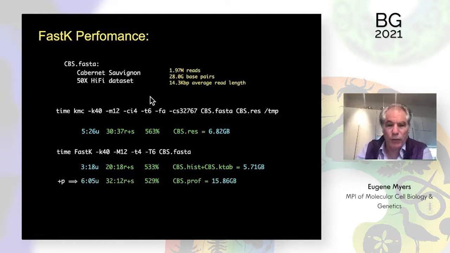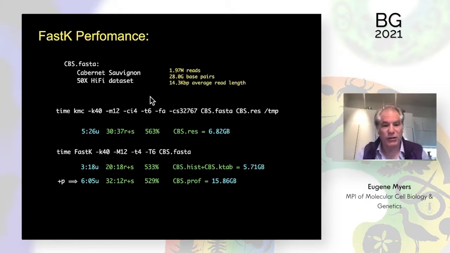And if you additionally set the -P option, FastK will take another 3 minutes to produce a compressed representation of all the profiles that occupies about 16 gigabytes. This 3 minutes is for an inverse sort of the k-mers, and it takes much less time than it would take to produce the profiles post hoc by looking up the k-mers in the table.